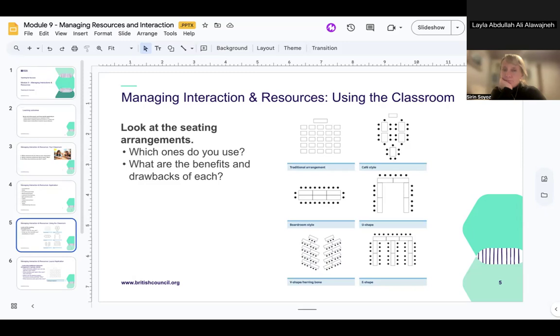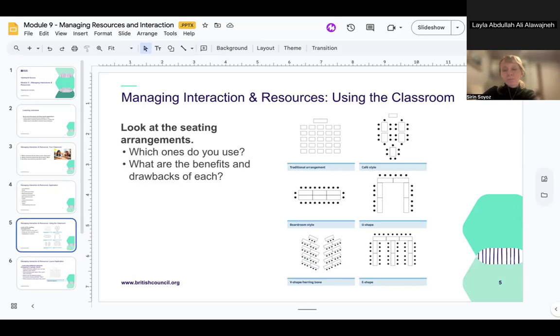The cafe style, one of my colleagues says that he uses it in his classroom, and he says that he noticed that the students collaborate better and engage better in a group work or group activity. Sadly, many of us don't know the E shape.